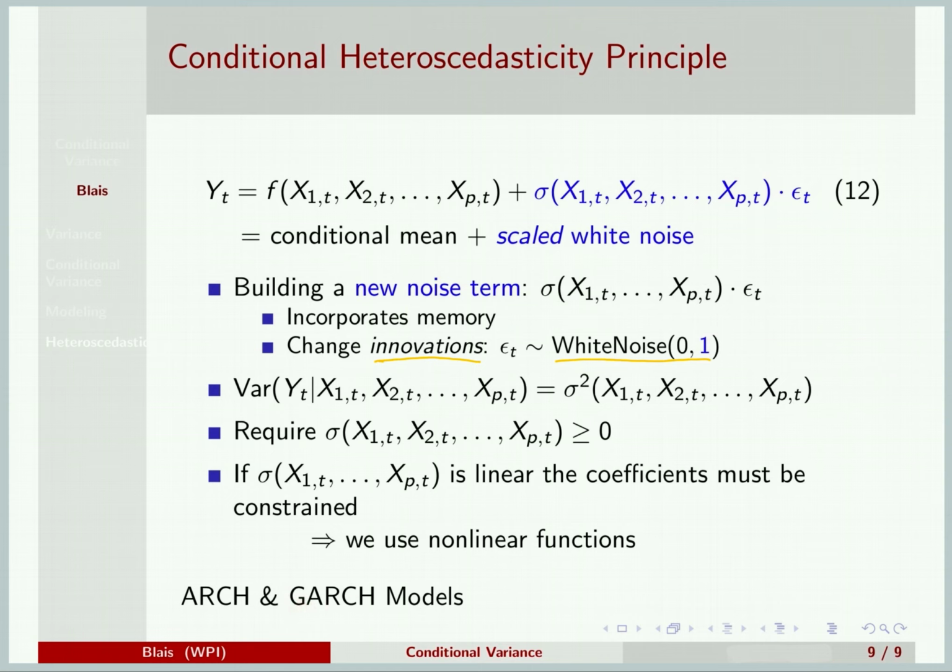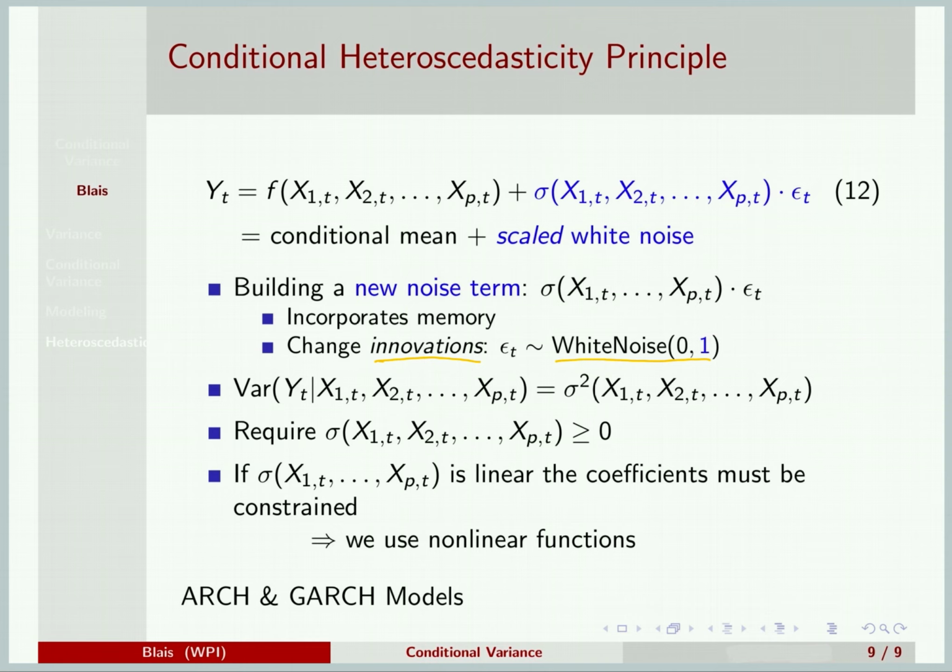The idea here is conditional heteroscedasticity, what we just described: we want a non-constant conditional variance. Autoregressive will mean that the conditional variance of yt given the predictors will be able to remember something about previous values. So the natural next step is to go to the ARCH and the GARCH model.